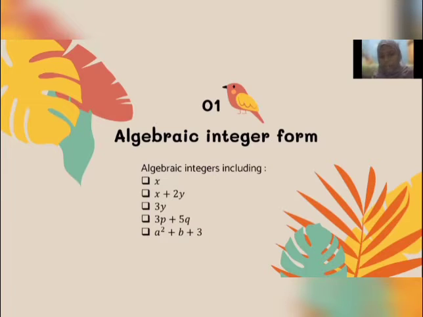Number one, algebraic integer form. Algebraic integers include: number one, x; number two, x plus 2y; number three, 3y; number four, 3p plus 5q; number five, a to the power of 2 plus b plus 3.